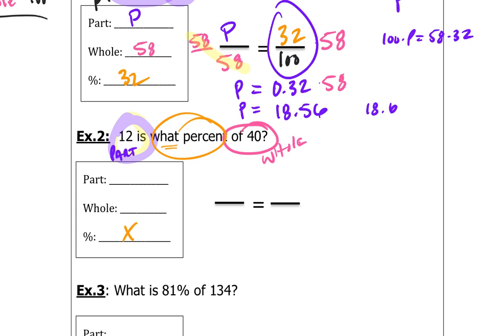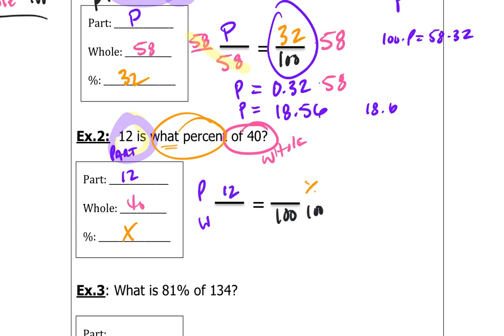We know the whole is 40. And we know the part is 12. So now we go back to the fact that we always put part over whole. This is part over whole equals percent over 100. So we just put the 100 there. We know our part is 12, so we put that here.